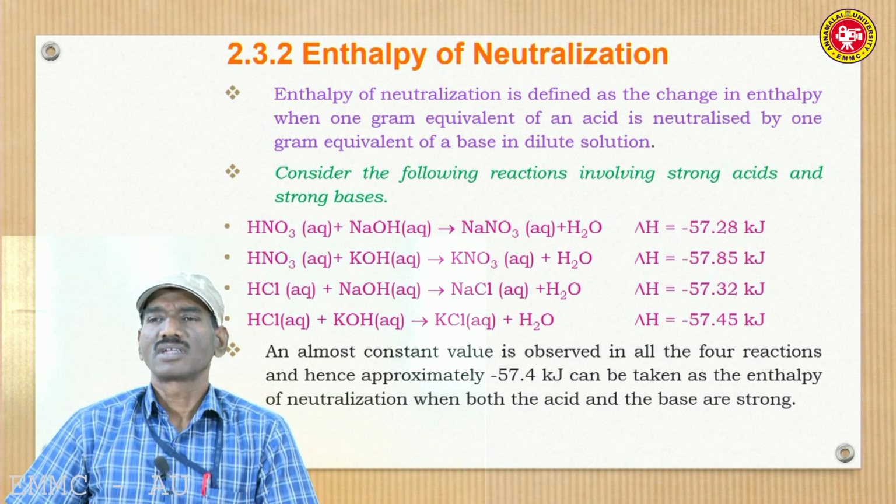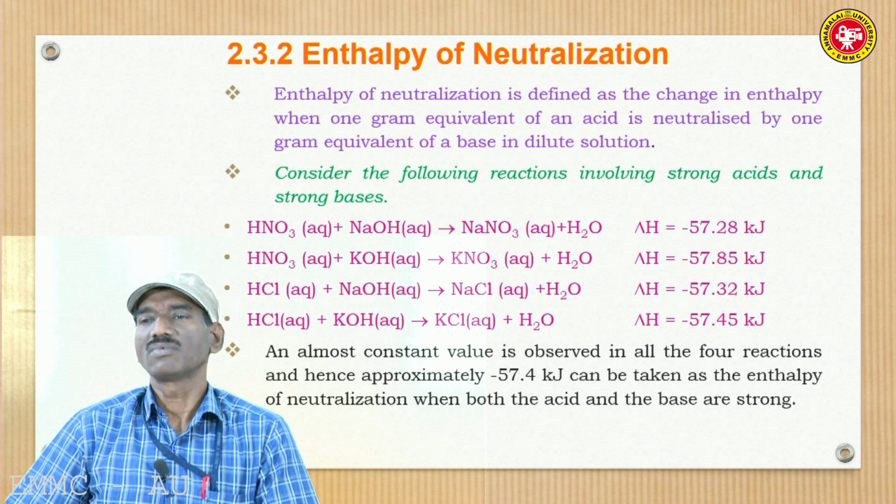Similarly, we may consider potassium hydroxide with nitric acid. Nitric acid reacts with potassium hydroxide, giving rise to potassium nitrate as a neutral salt with H2O. Here the delta H value is minus 57.85 kilojoule. Similarly, hydrochloric acid, one kind of strong acid, reacts with a strong base like sodium hydroxide, giving rise to sodium chloride as a neutral salt with water.